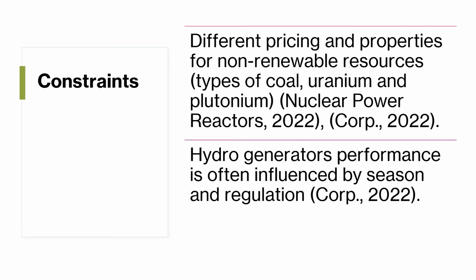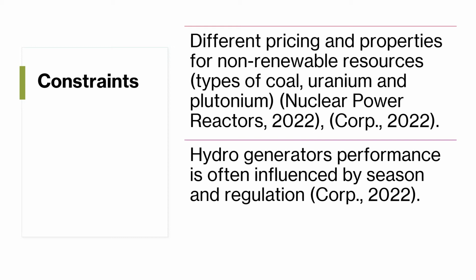For the constraints, as mentioned earlier, the hydro generators have a constraint put on them because they're often affected by the seasonal changes, as well as the differing regulations that many hydro stations have.